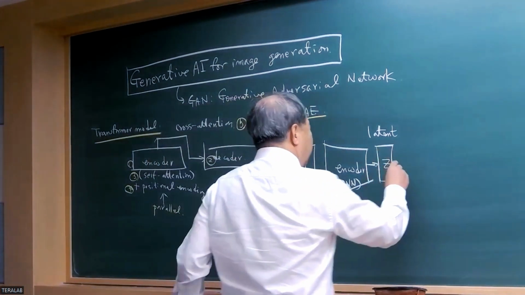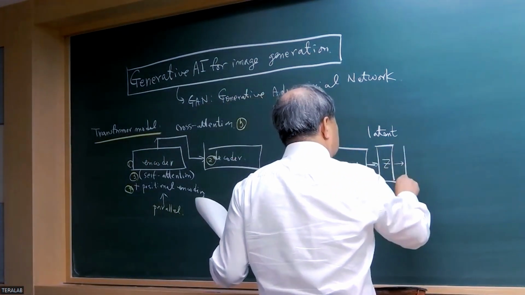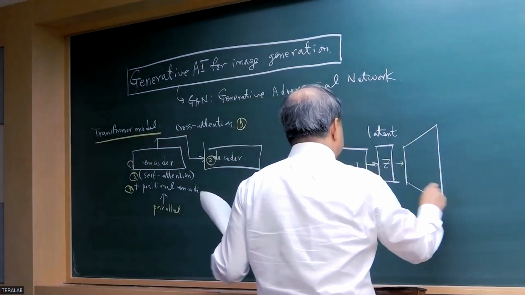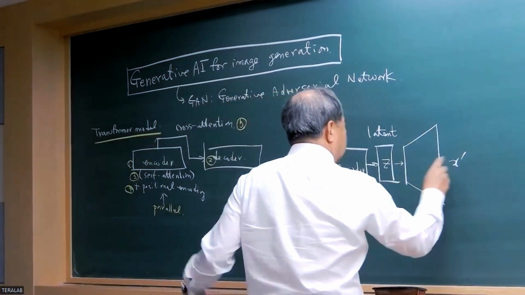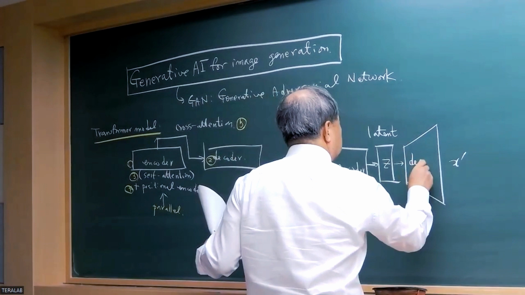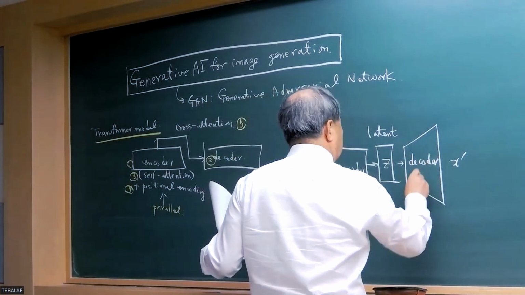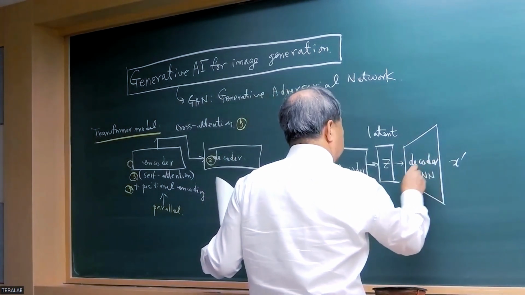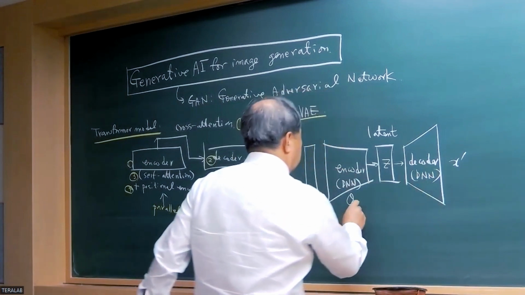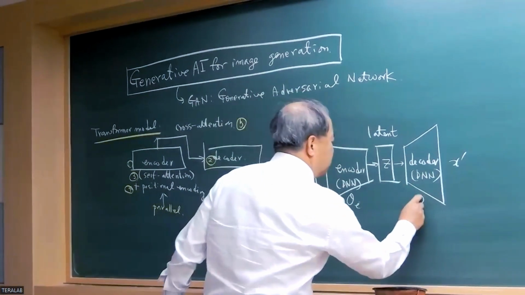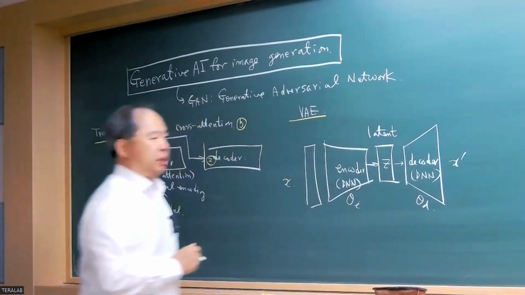Once we have a latent vector, we generate data X dash using the decoder. It is made of a DNN. Of course, the encoder has model parameters and the decoder has model parameters.